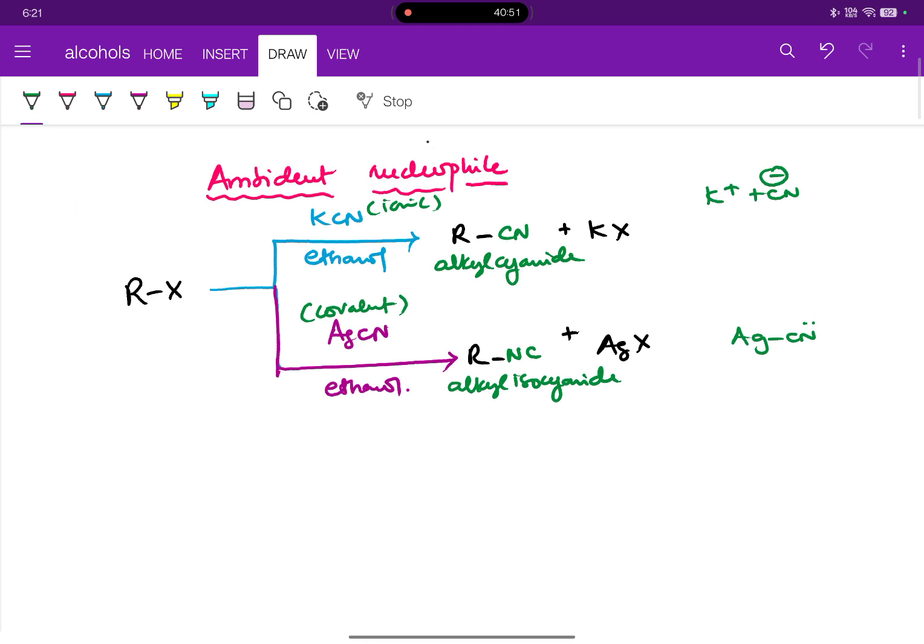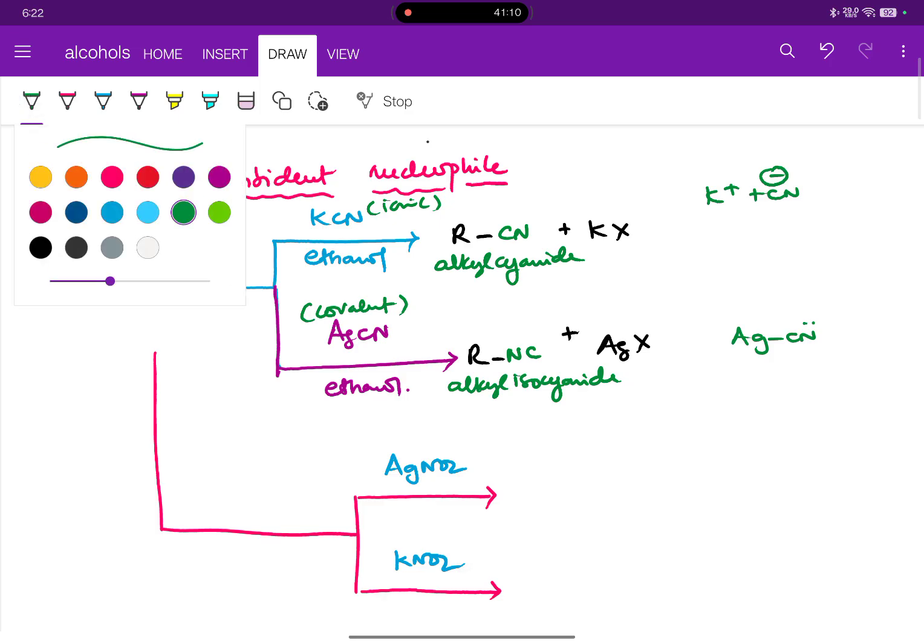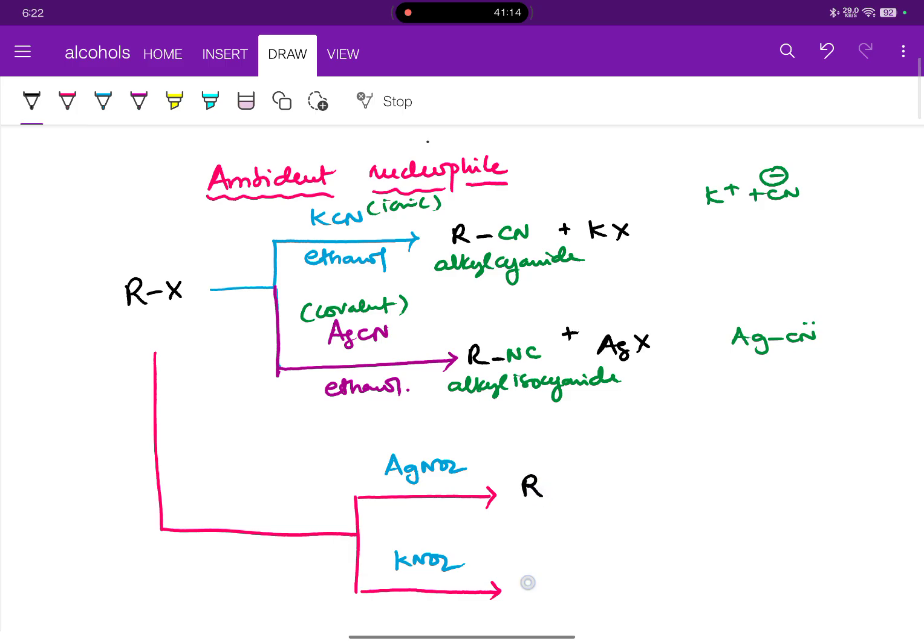In the same way, if you take another set of nucleophiles, for instance AgNO2 and KNO2. Here I am having the same R, no change. If I add AgNO2, my product would be RNO2.